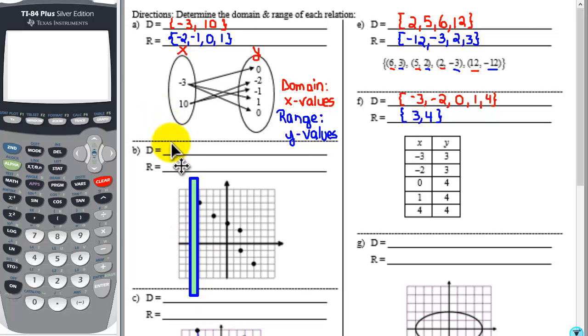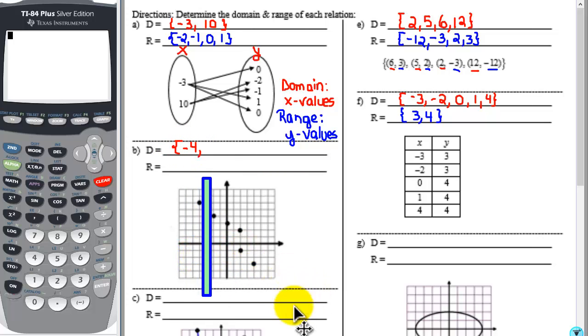So my first x value here will be -4. And as I move my arrow to the left, I see my next value is -2. And if I continue moving my line, I see that my next x value is 0.